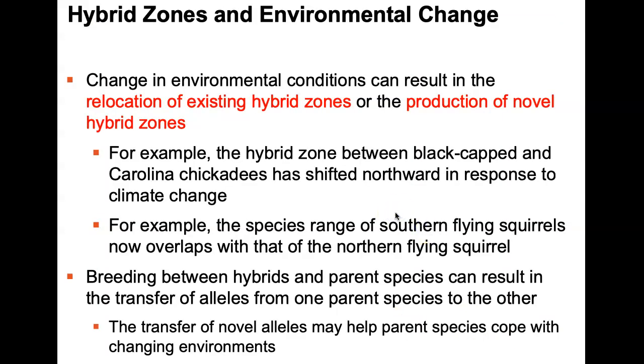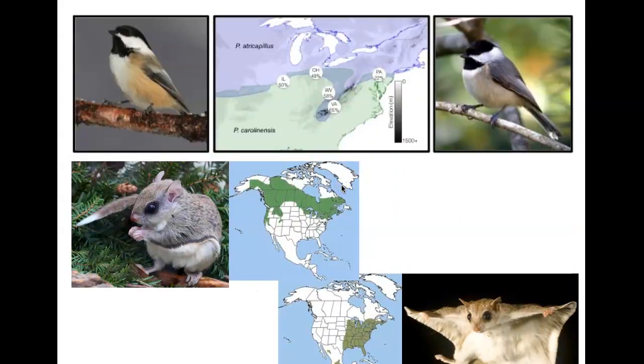All right, continue on. We have this little hybrid zone, right? We have these chickadees. So this hybrid zone actually moved north as a result of global warming. So we have these chickadees that live generally in a colder area, and we have these birds living generally in the southern region where there is warmer weather, but this whole hybrid zone has actually moved north as a result of global warming.